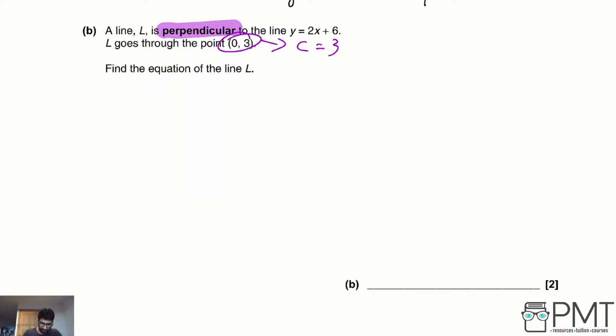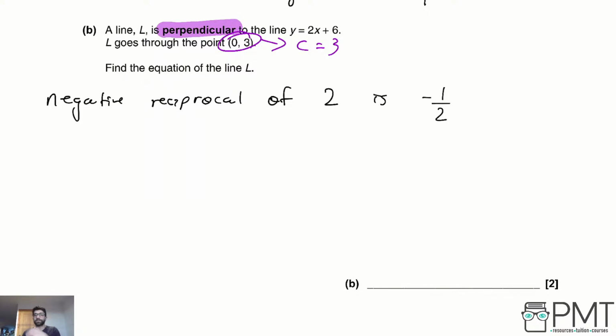Let's find what the gradient is if it's perpendicular. So remember, what was the rule for perpendicular lines? You take the negative reciprocal. And the negative reciprocal of 2 is minus 1 over 2. So that's because they are perpendicular. That means y equals mx plus c, so this minus a half is m.